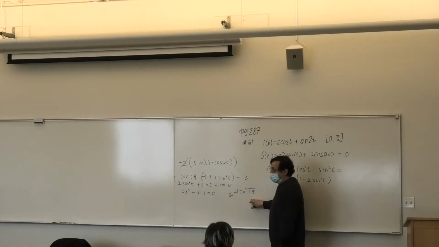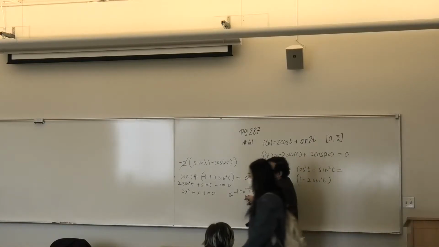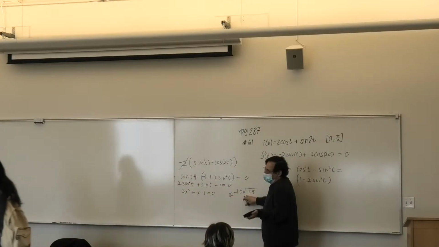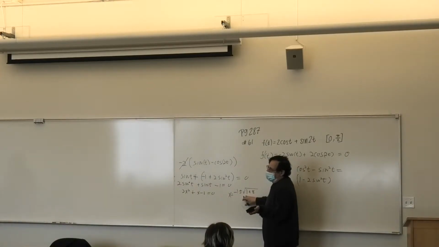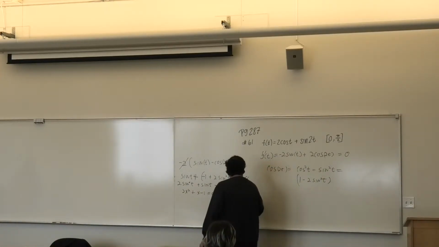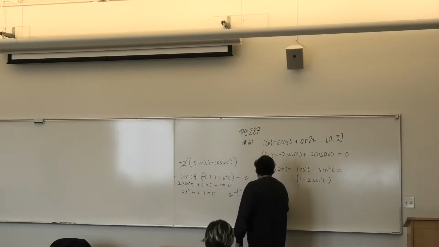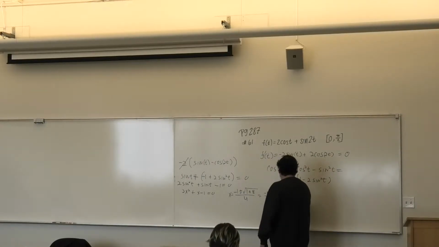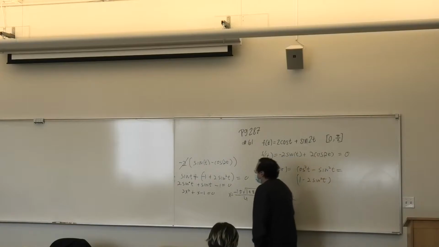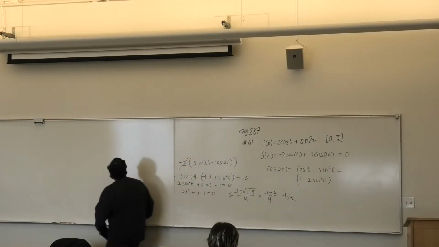So you can already see we're on the right track. Not because we're doing math right, but because they put problems that work out nicely. Over 4, that's negative 1 plus or minus 3 over 4. So that's minus 1 for here.